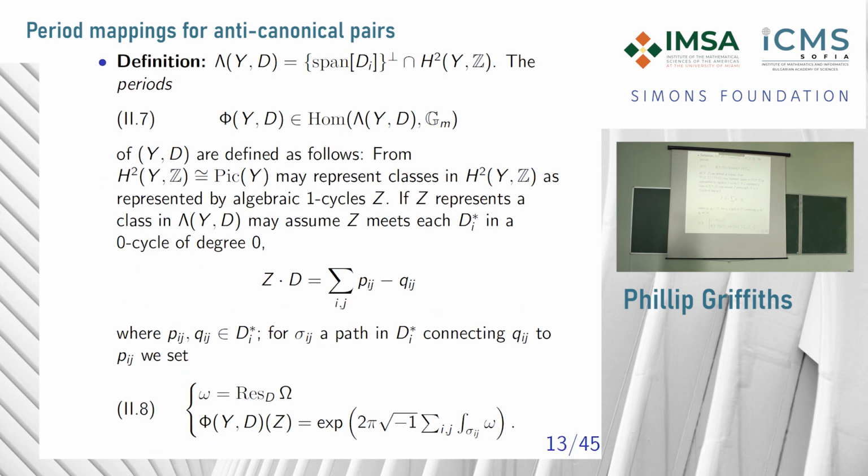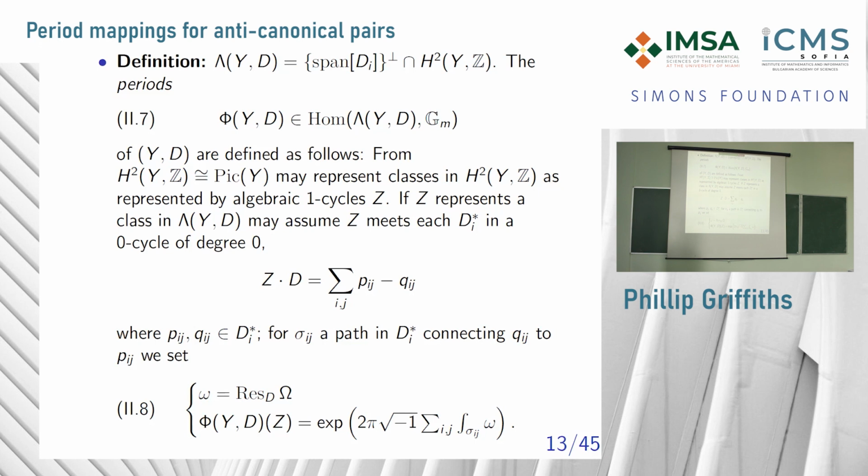The way you do that is that the second cohomology is Pic of Y, so you can represent it by algebraic one cycles. It's a rational surface, so it's linear combinations of curves with integer coefficients. It meets each D_i in degree 0, so you can write it in this way. It's the sum of p's minus q's on the different components.